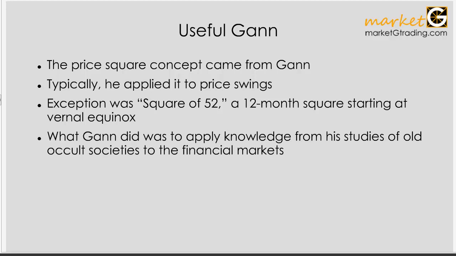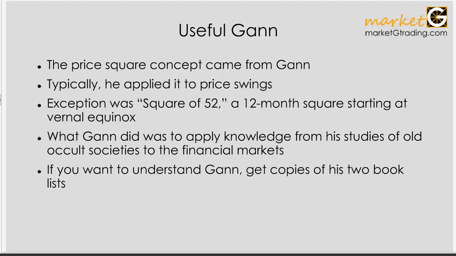Everybody has a bit of a misconception about Gann if you haven't really dug in and looked at what he did. What Gann really did was apply knowledge that he gained from his studies of the old occult societies and old mathematicians and alchemists and what have you to the financial markets.